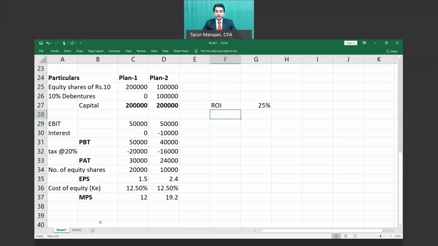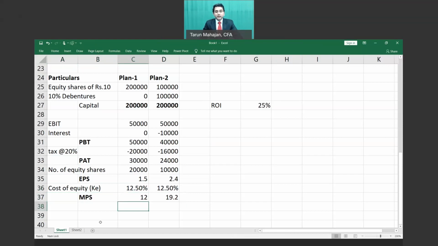So ROI is 25%, EBIT is 50,000 rupees, tax rate is just 20%, and EPS is 1.5 and 2.4 rupees. And cost of equity is 12.5%. That is, expectation of equity shareholders is 12.5%. And this way, the market price per share is 12 rupees and 19.2 rupees.